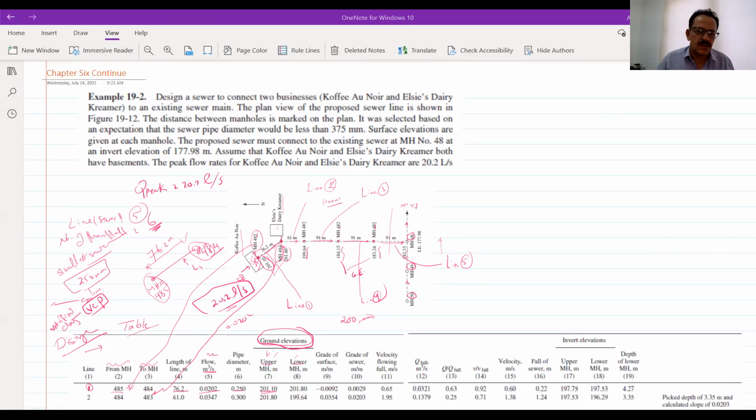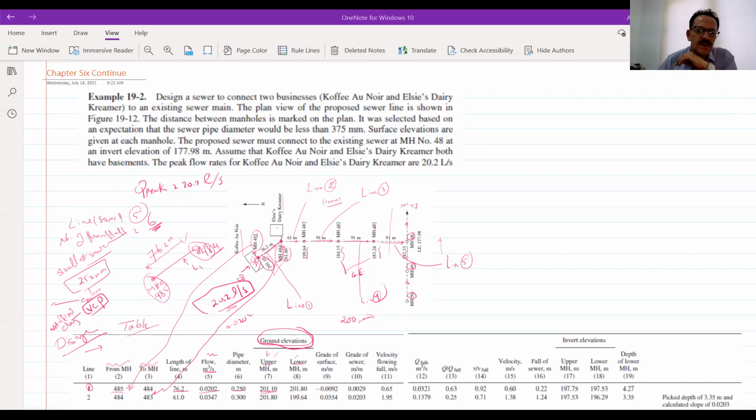So 201.8 is here, and 201.1 is the ground level here. So it looks like I'm going a little bit with a higher elevation, but it doesn't matter, because the flow will be in this way.